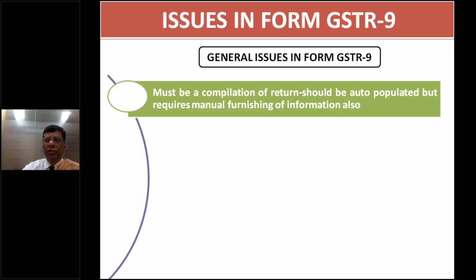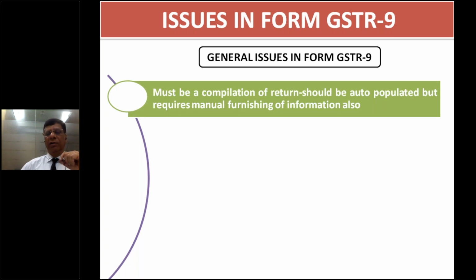Means thereby the information sought in Form GSTR 9 is so precise that it cannot be auto-populated neither from Form 3B nor from Form 1. Therefore, whatever auto-population is there, barring one or two pieces of information like the figure from 2A or the ITC claimed in 3B, these are the frozen auto-population.